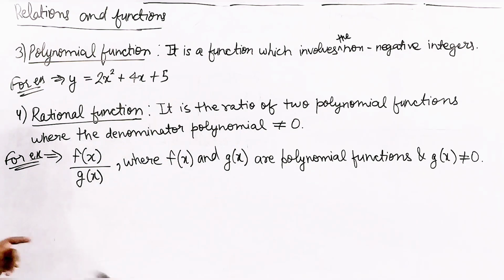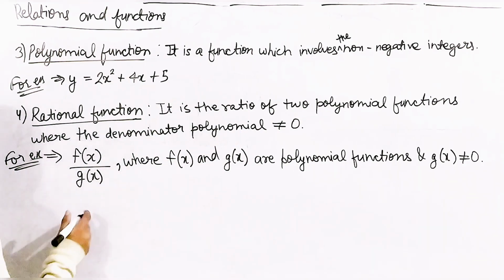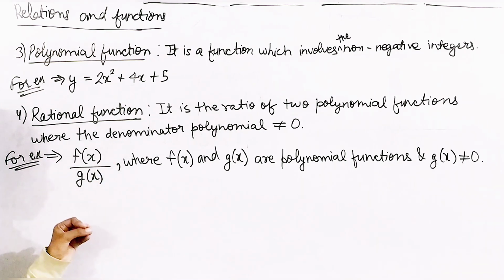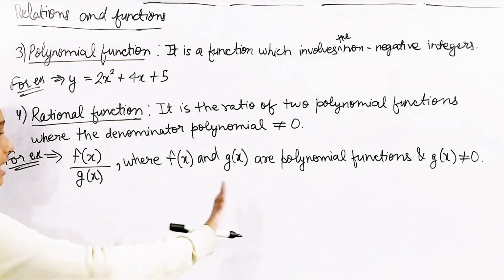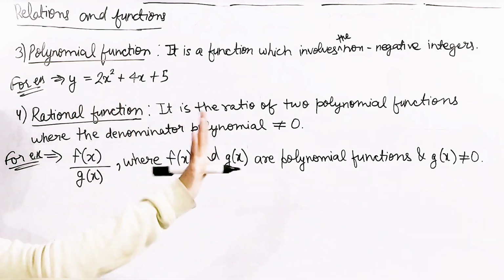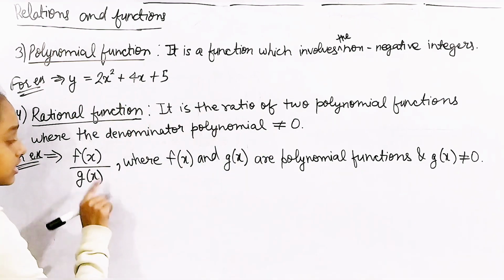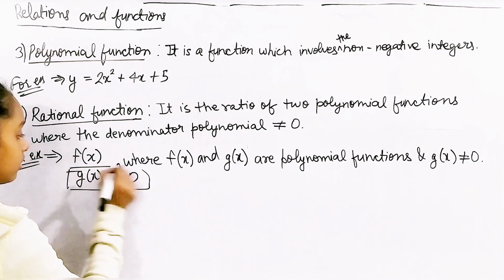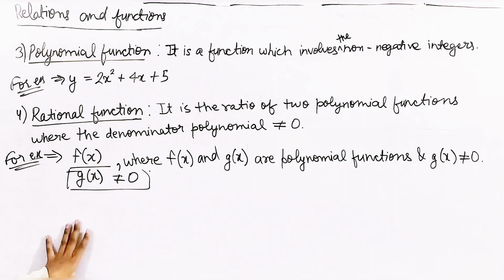So it is saying that we have two polynomial functions, f(x) and g(x), and one thing that is fixed and permanent is that g(x) is not equal to 0. This is one thing.